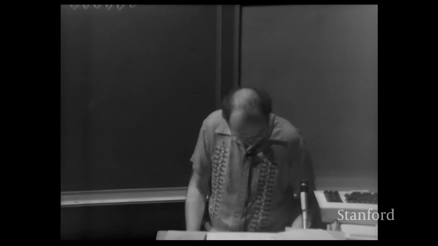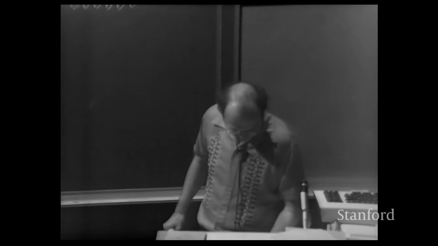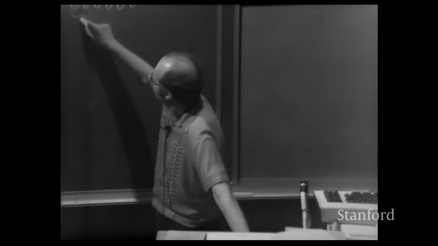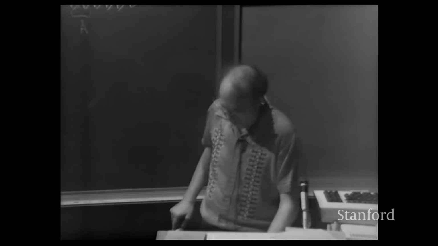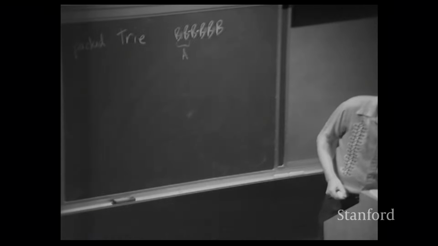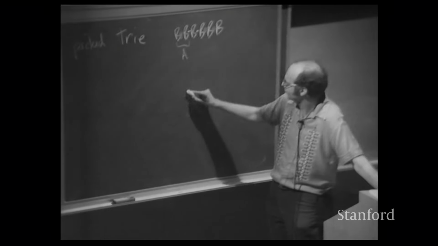We'll talk more about ligatures and things tomorrow, but let me just summarize for you. When a B is followed by a B, we convert it into an A. Wait, let me write this down.